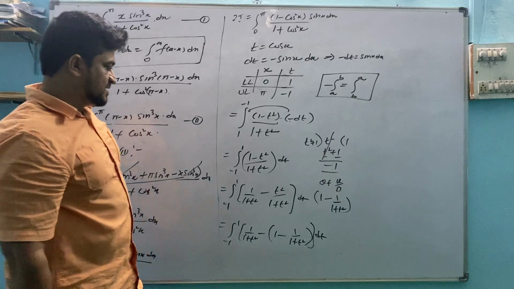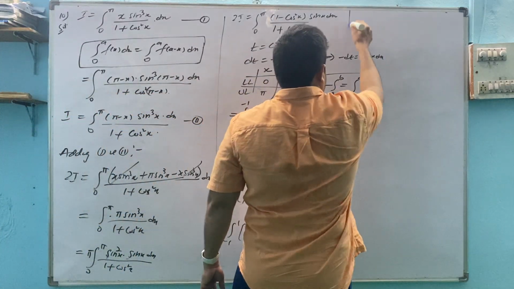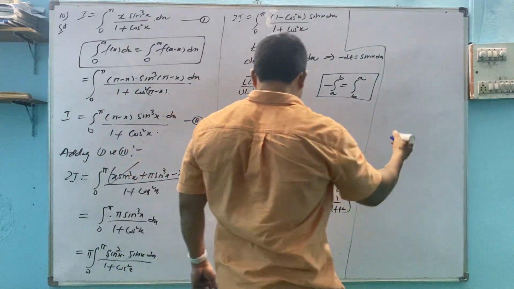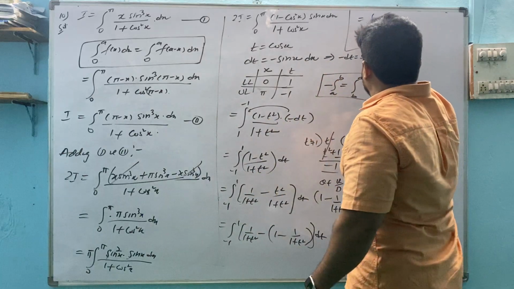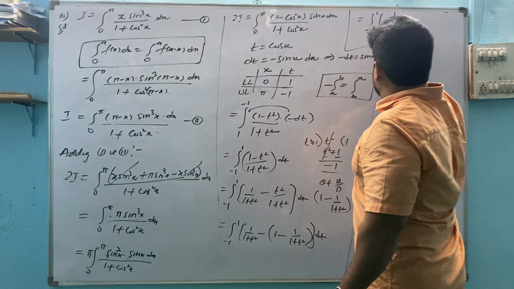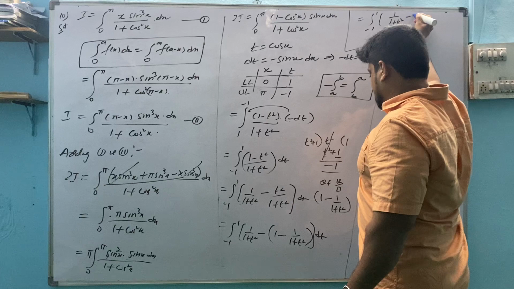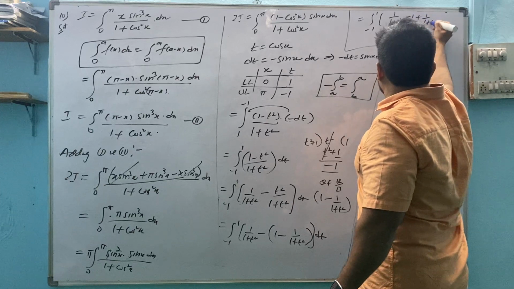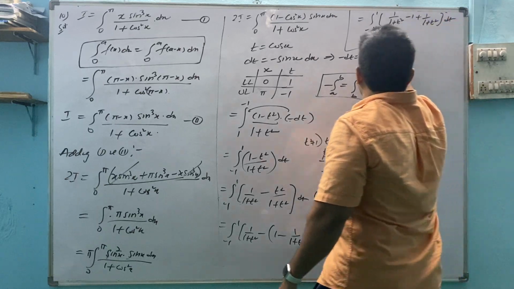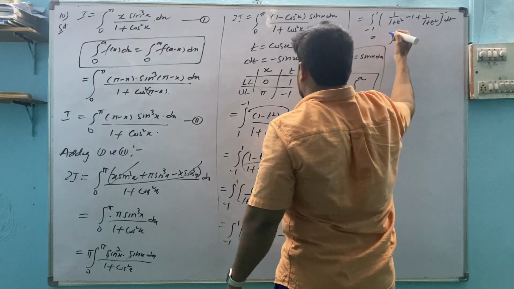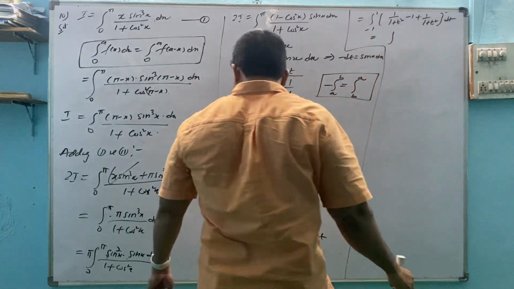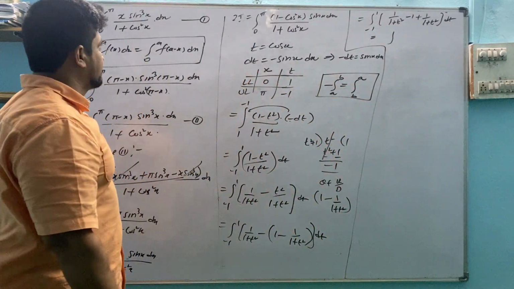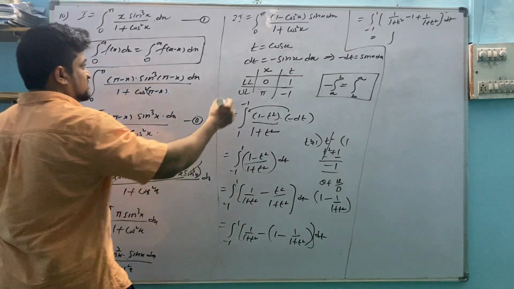Because minus is there, we will subtract them: 1 by 1 plus t square minus 1 plus 1 by 1 plus t square. Pi is there outside.